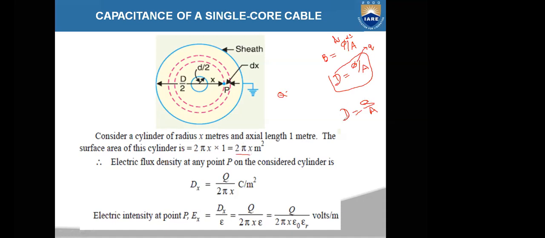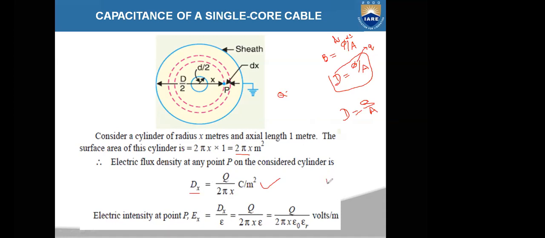So the flux density at a distance x will be written as Dx is equal to Q by A, where A is 2 pi x. So this is the flux density.